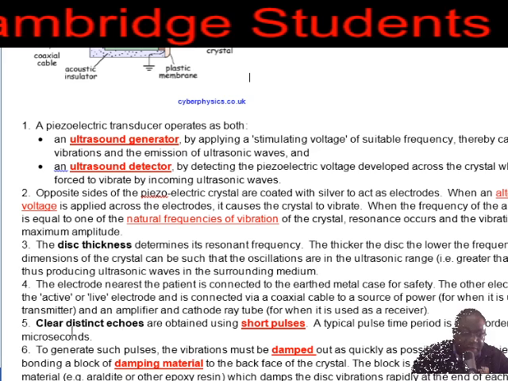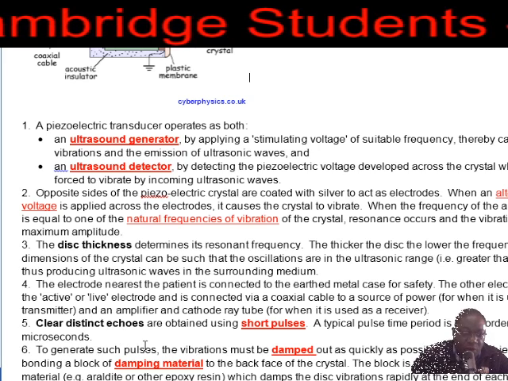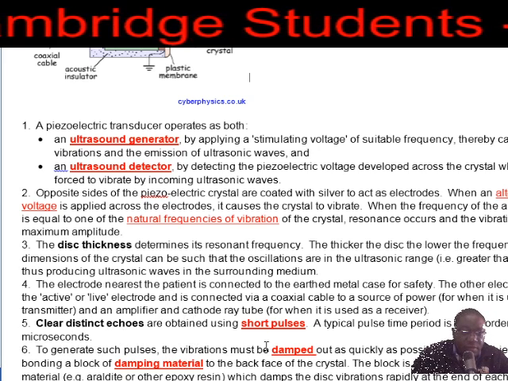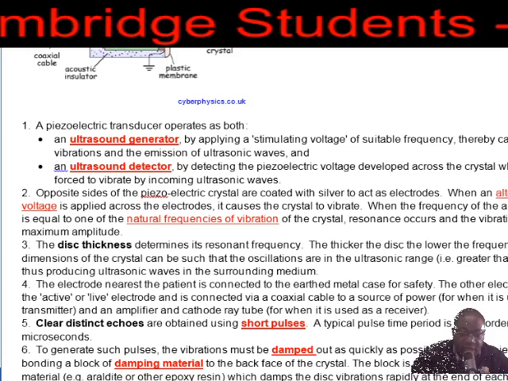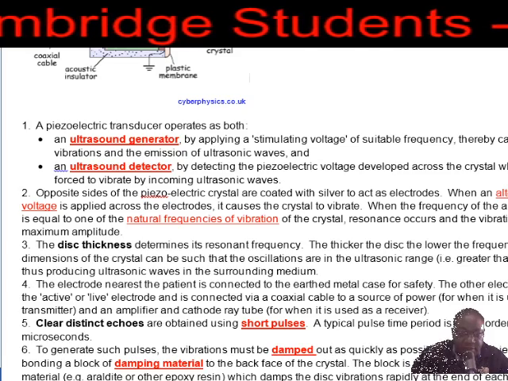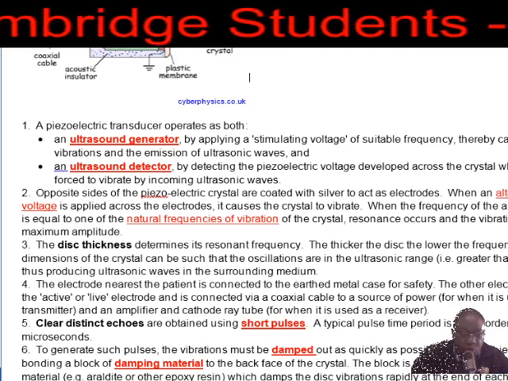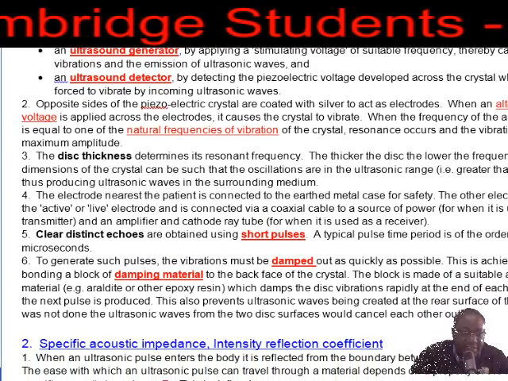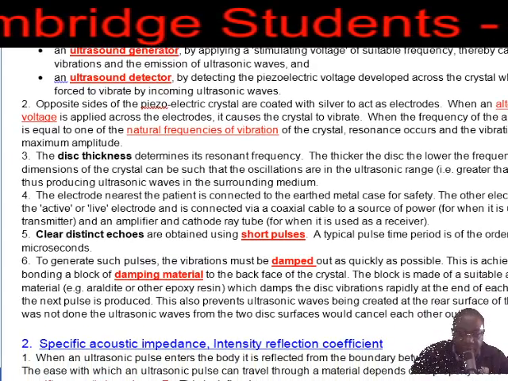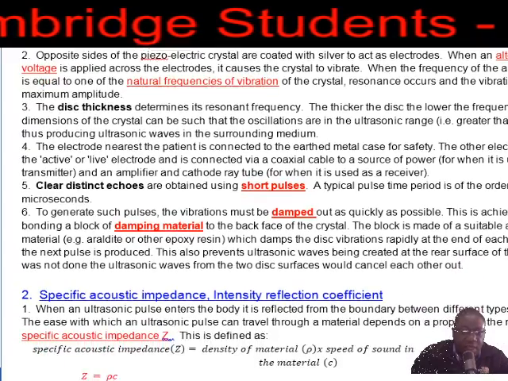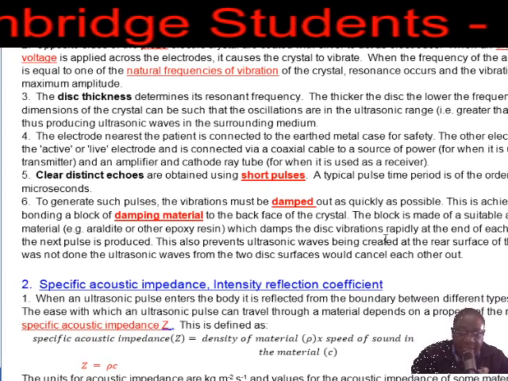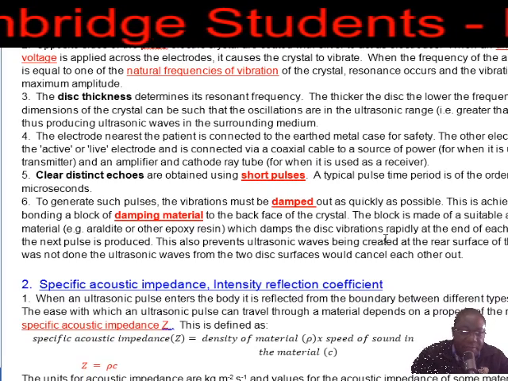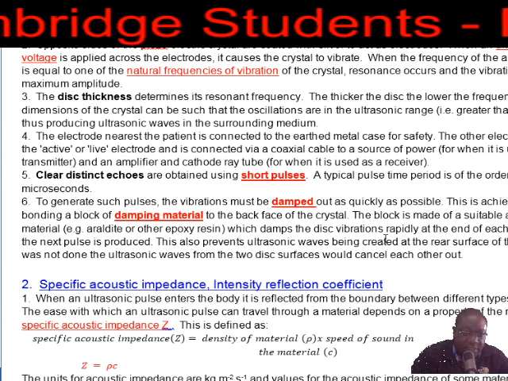This is achieved by bonding a block of damping material to the back face of the crystal. The block is made of a suitable absorbing material such as araldite or other epoxy resin, which damps the disc vibrations rapidly at the end of each pulse before the next pulse is obtained.